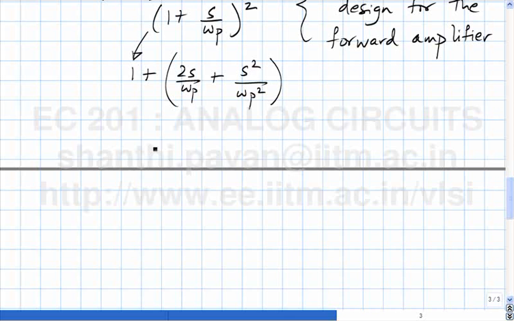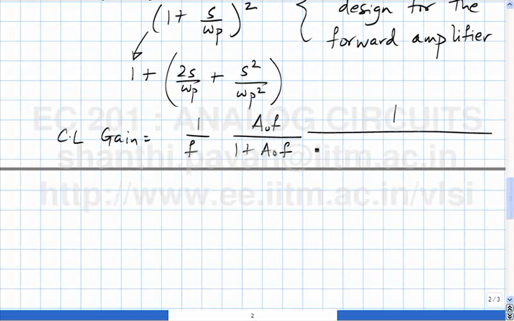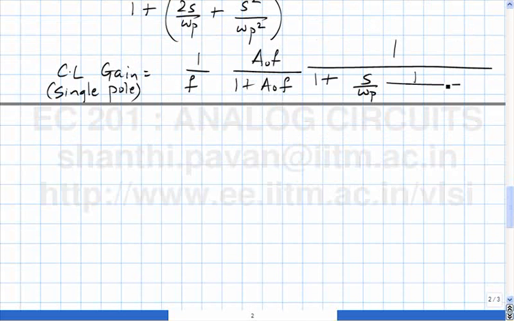In the earlier expression for the single pole forward amplifier, the closed loop gain was 1 over f times A naught f by 1 plus A naught f times 1 over 1 plus s by omega p times 1 plus A naught f.